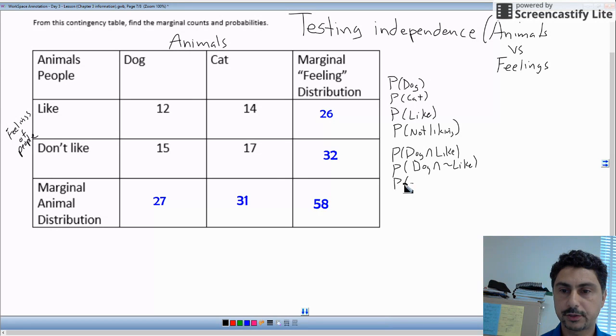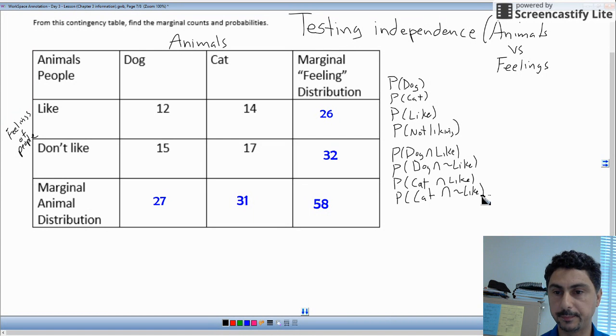Of course, you have to deal with the probability of a cat and liking the cat, and the probability of a cat and you don't like the cat. These are the first 8 probabilities you would have to figure out to test all the cases of independence. So I'm doing a full-fledged testing of this entire two-way categorical table.